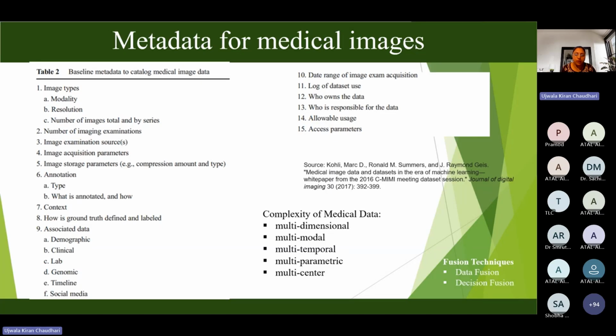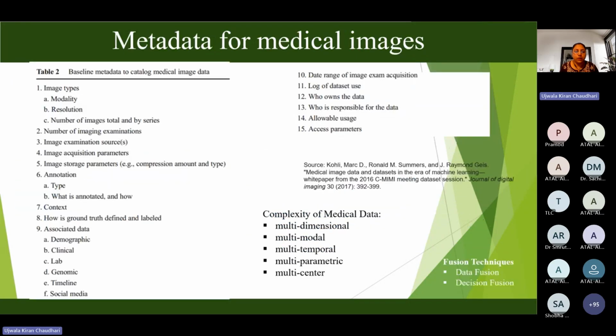Then there are multiple devices capturing the data, so you need to put effort into standardizing it. There are a lot of medical things we need to take care of, so it's quite complex, but it's not difficult, though it involves many processes. A lot of work is currently going on in the UK in the medical domain.